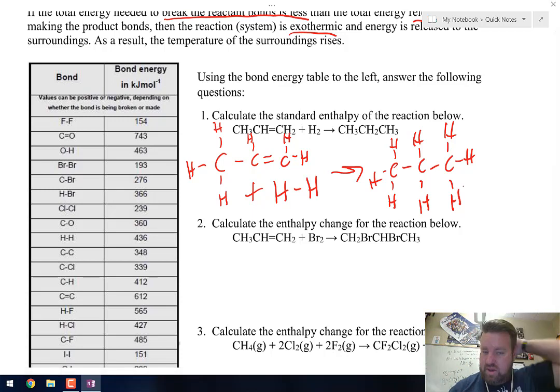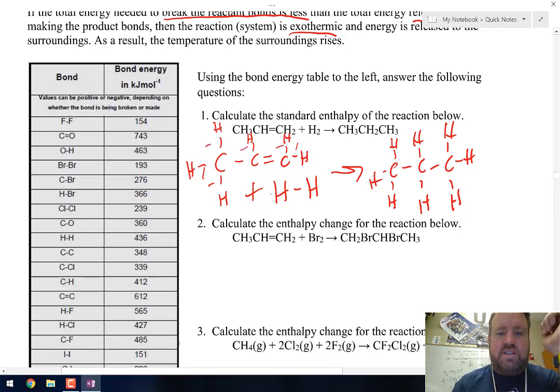So overall, on our reactant side, let's first focus on the bonds that are breaking. I count 1, 2, 3, 4, 5, 6 carbon-hydrogen bonds. Then I come over here to the side. Carbon-hydrogen bond is 412, so I'm going to go 6 times 412.